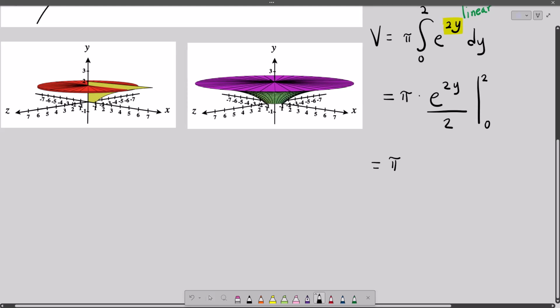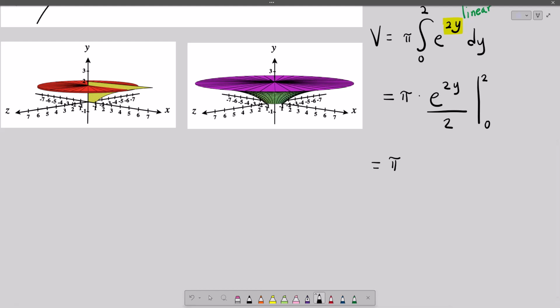When I plug in 0, will I get 0 like we just did in the last two examples? No, because an exponential has the variable in the exponent position. If you plug in a 0 there, you get e to the 0, which is 1. Okay? So let's go ahead and plug stuff in. I'm going to factor the pi over 2 out.